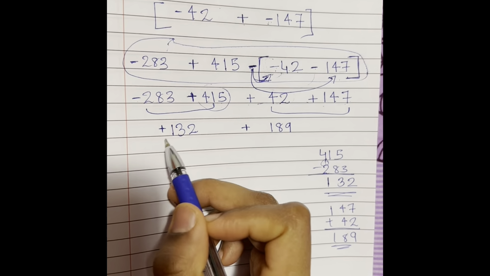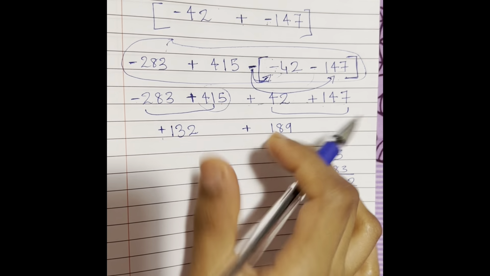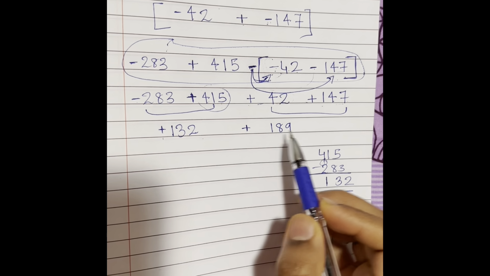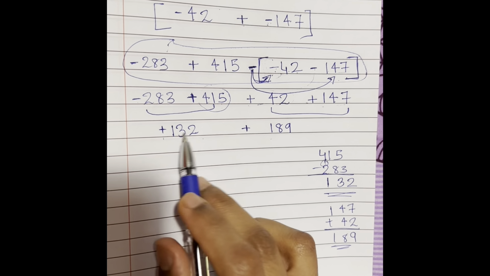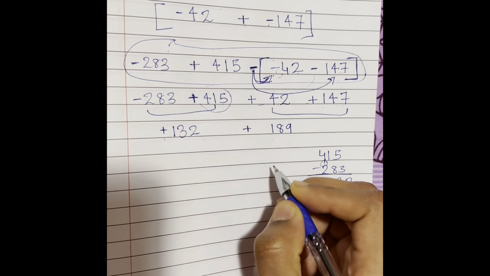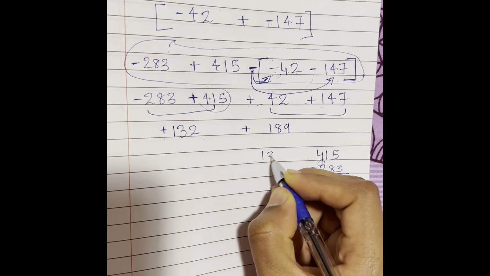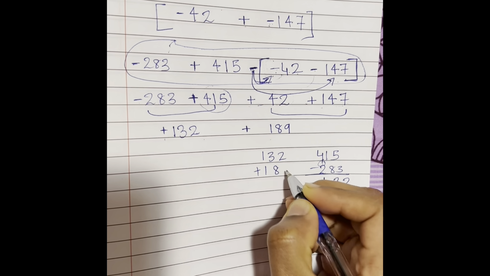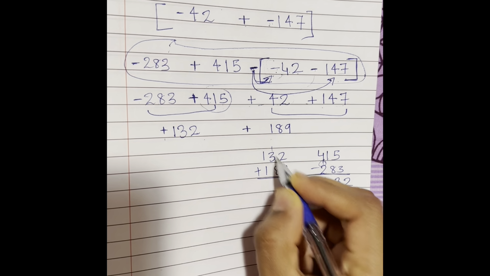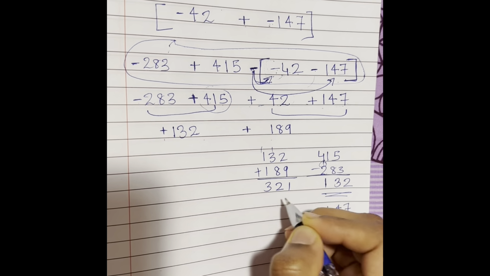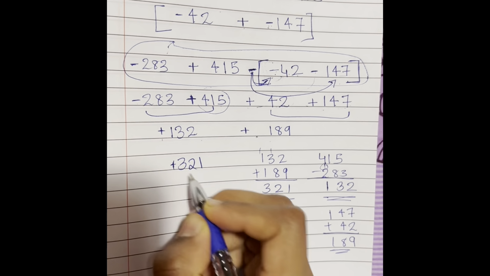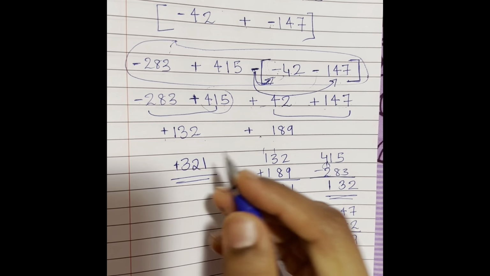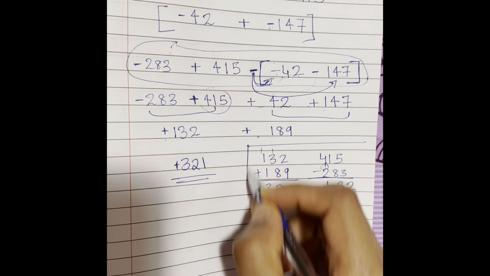Now this whole thing has shortened to plus 132 plus 189. Both are positive integers, so add them. 132 plus 189, what's the answer? 321. Both are positive, so the final answer is plus 321.